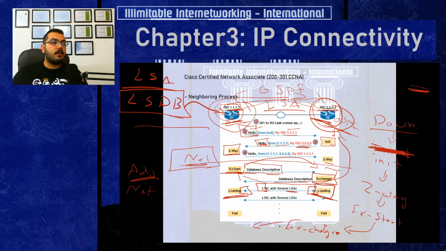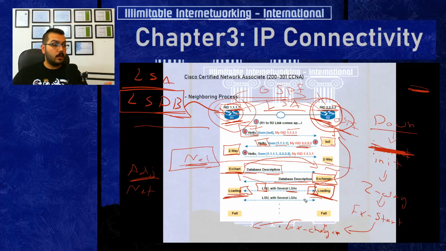After the loading is completed, for the third time the databases of both are identical, because whatever LSAs and LSUs were shared from the first router to the second must also be shared from the second router back to the first. This gets us to the same target: the LSDBs are identical for the third time. This is mandatory and cannot be compromised in the OSPF process between OSPF routers.